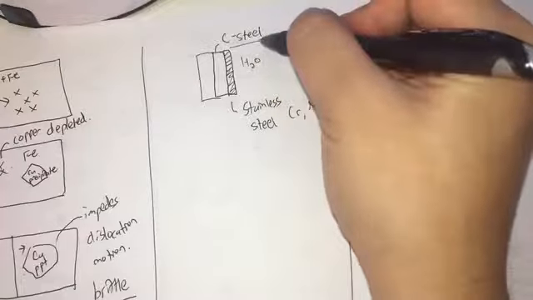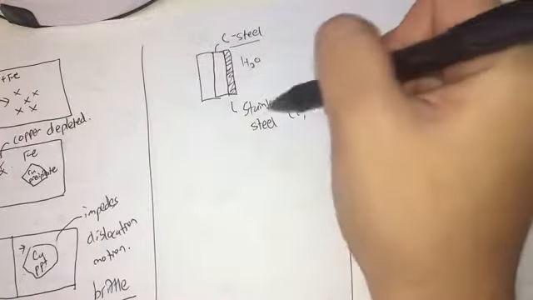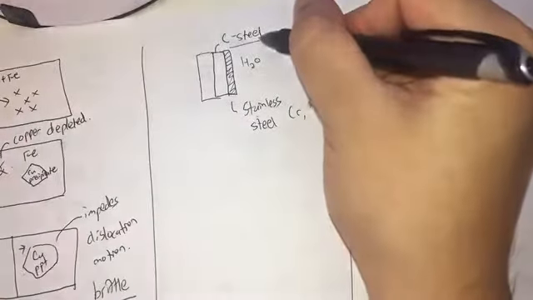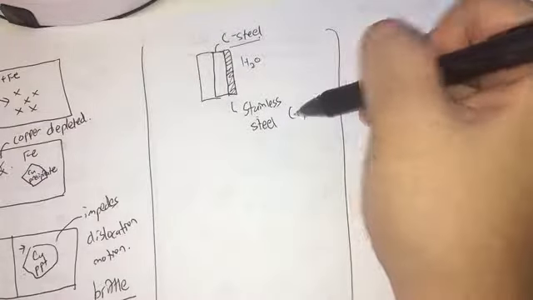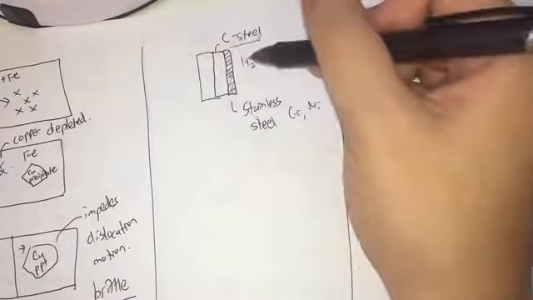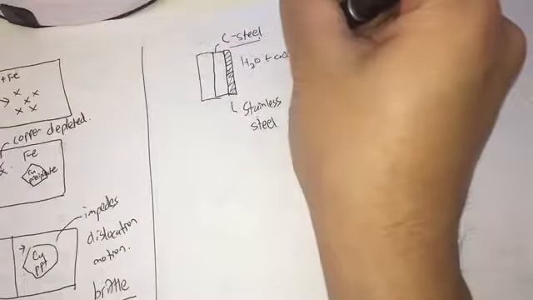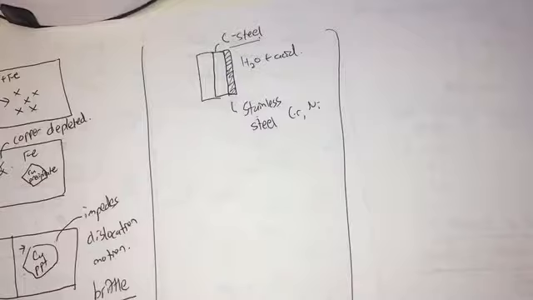Carbon steel is more neutron damage resistant as compared to this. This is less prone to embrittlement, but you still need some stainless steel to protect the carbon steel from water and whatever acids may be inside that may eat up the steel. So composite materials are often used to solve this kind of problem.